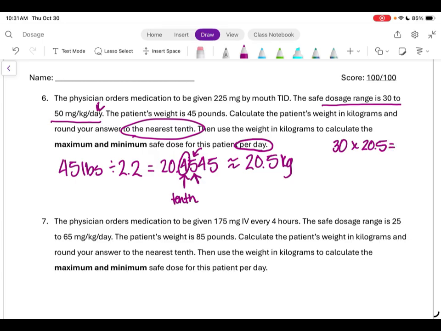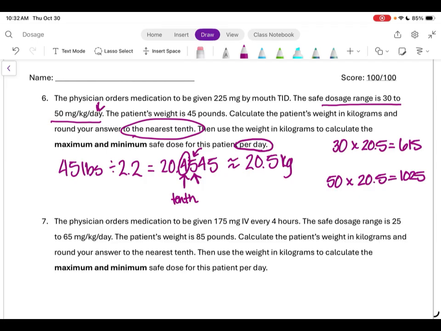And then 50 is my maximum, and I also multiply it by the same weight. So 30 times 20.5 is 615, and 50 times 20.5 is 1,025.